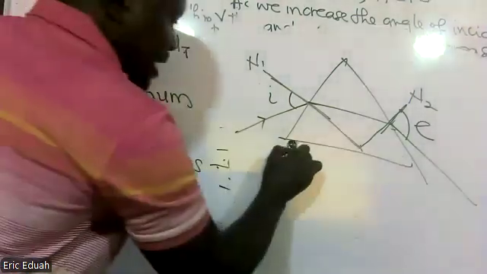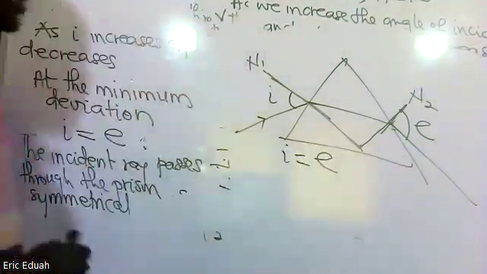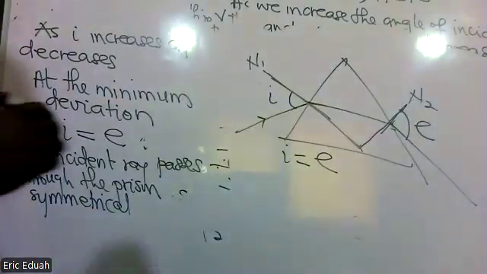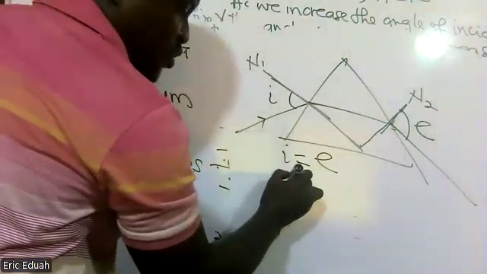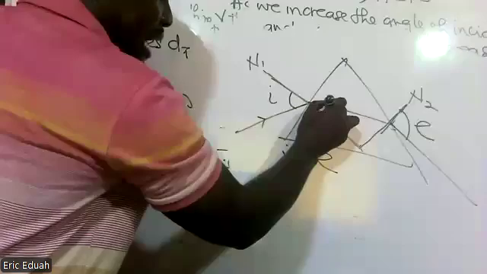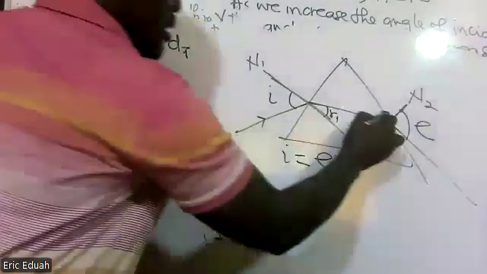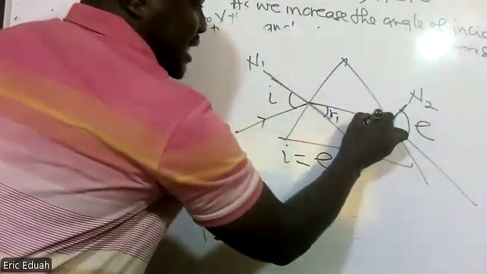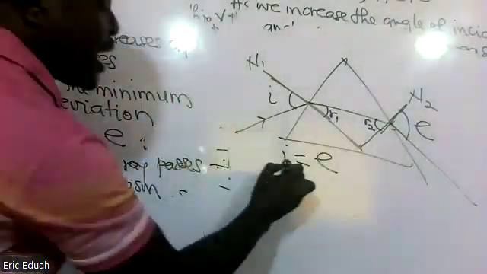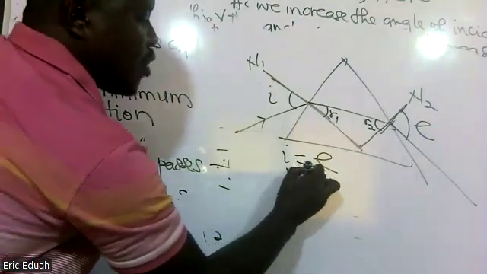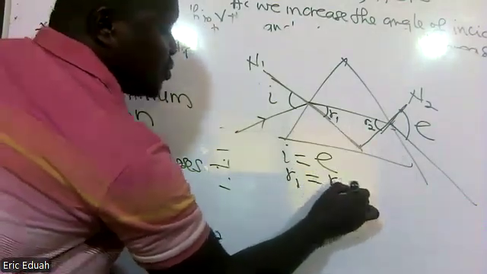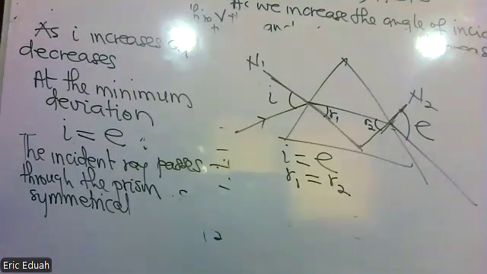So if I is equal to E, then at the same minimum deviation, you also realize that the first angle of refraction is equal to the second angle of refraction. So R1 would also be equal to R2.